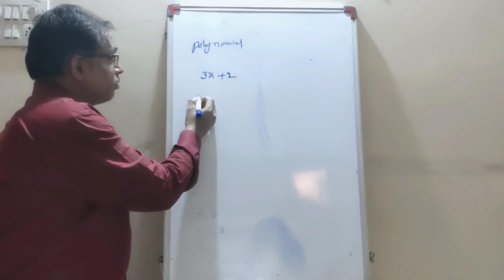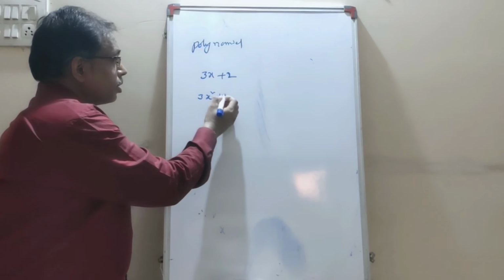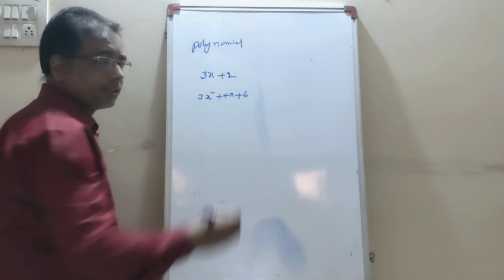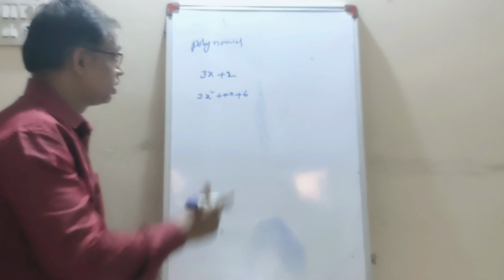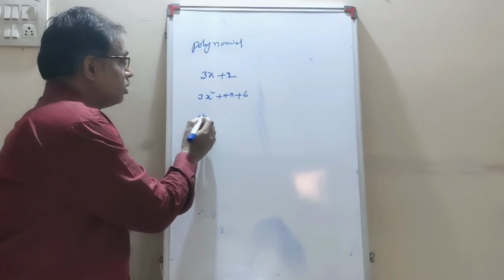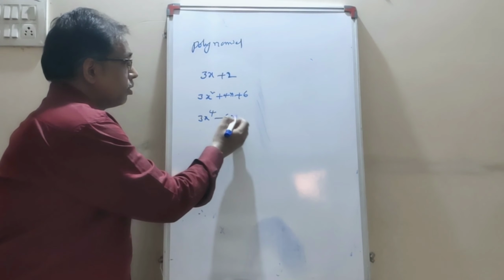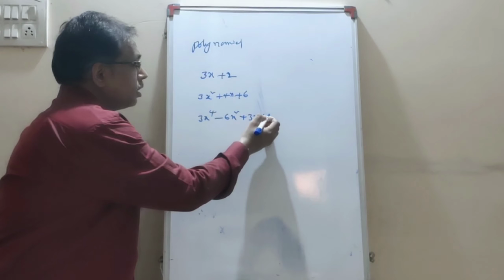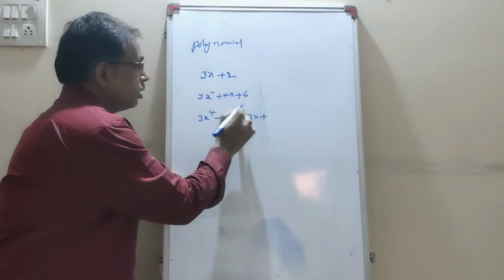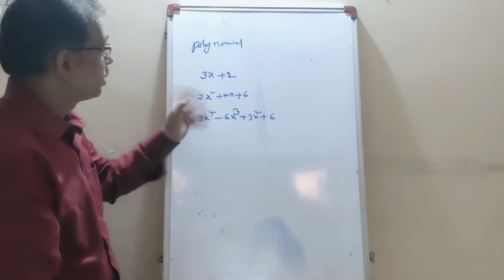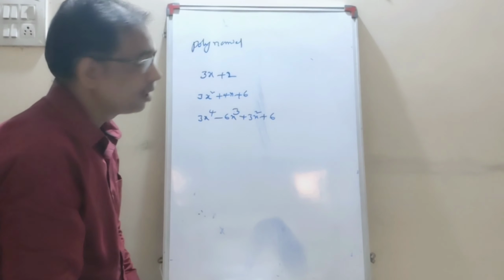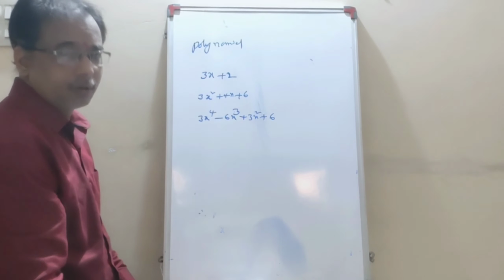And next, if it has the degree 2, like 3x square plus 4x plus 6, it is known as a quadratic polynomial. And if its degree is 4, then that polynomial is said to be a biquadratic polynomial. So like this, depending upon the degree also, we can define the types of polynomials.